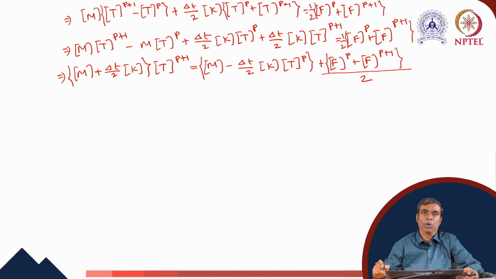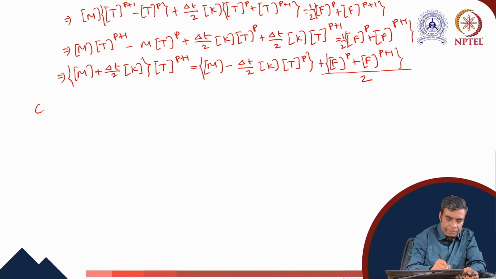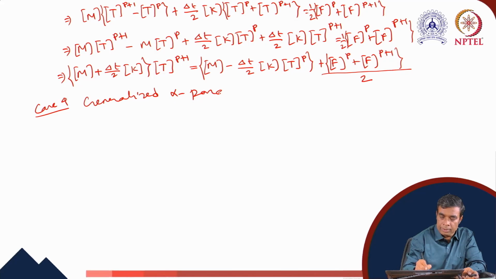All these three formulations are actually special cases of a generalized formulation. So we define it as the generalized alpha parameter formulation. Case 4, generalized alpha parameter formulation.